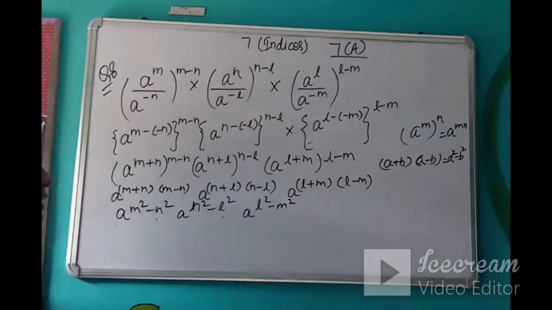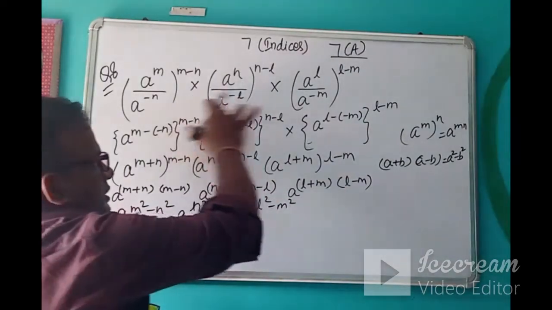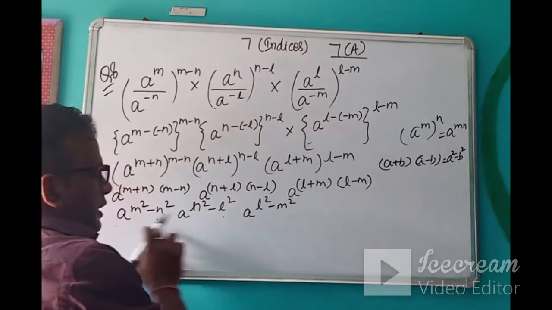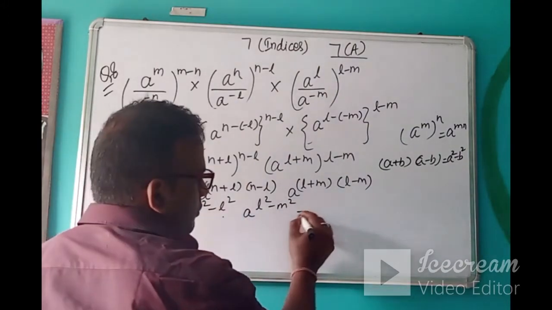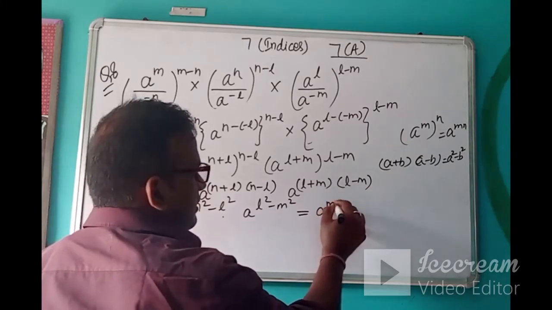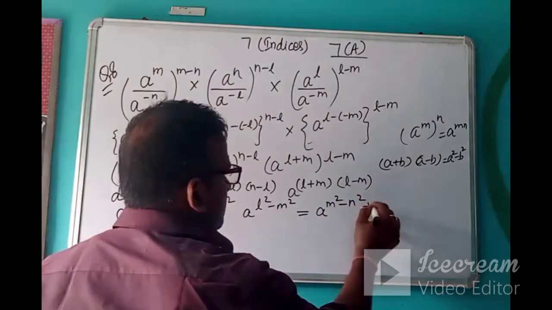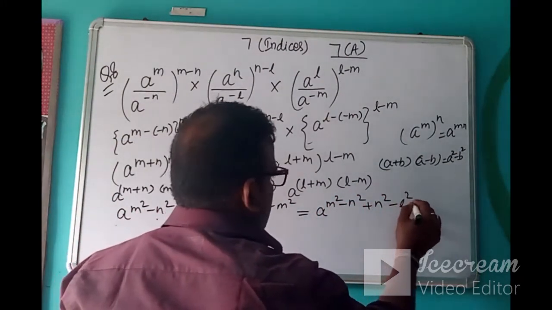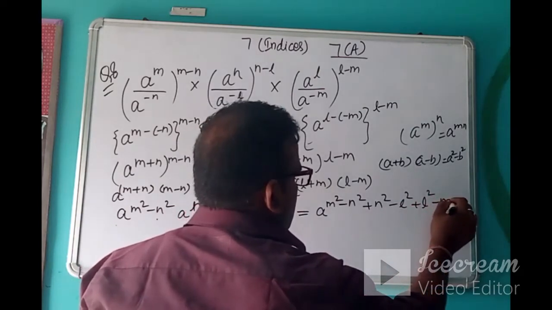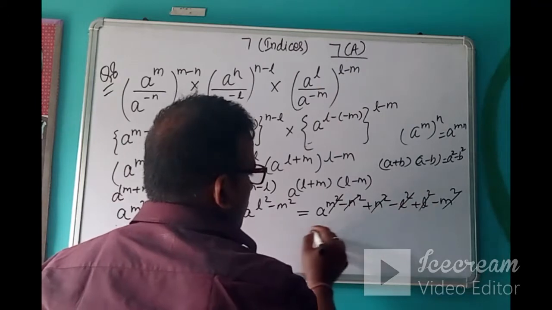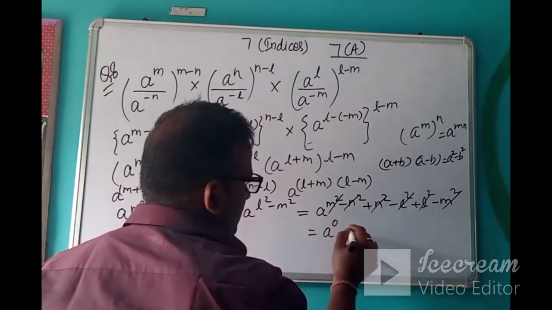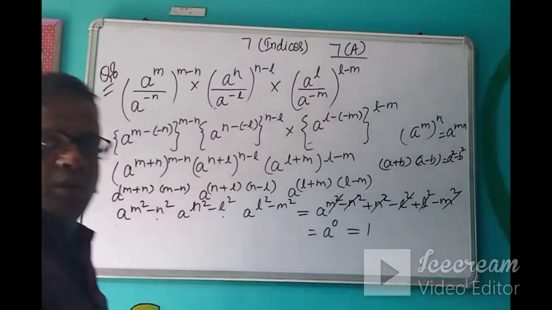Now we have reduced this expression till here. Now see, all the bases are same. So what we will do? We will simply add their powers like this. So these two cancel, these two cancel. You will get a to the power 0, and anything raised to the power 0 is 1.